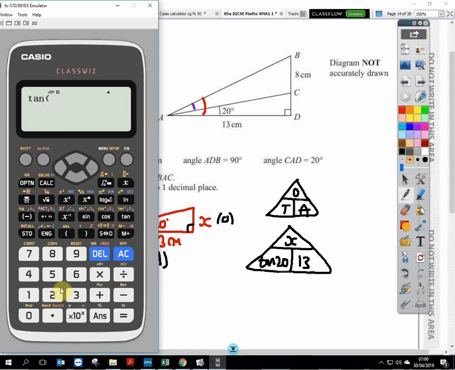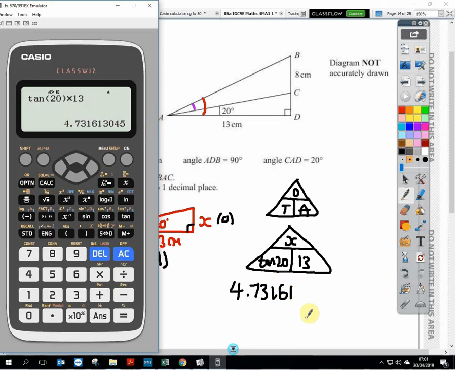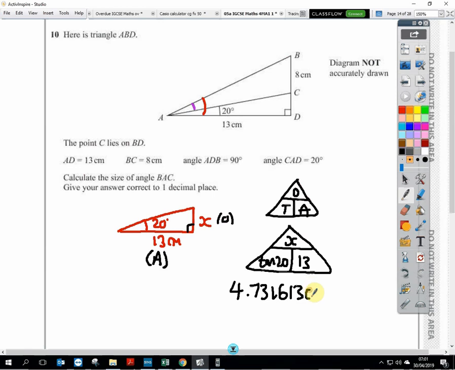So tan 20 times by 13, and that gives me 4.73. So let's write that down. 4.73. Can't round this because it's not the final answer, so I'm just going to copy down the display for now.